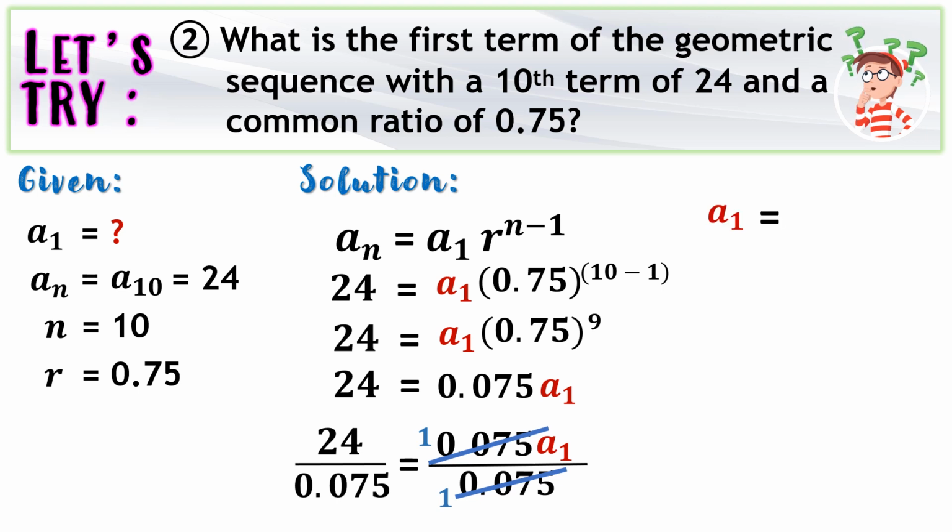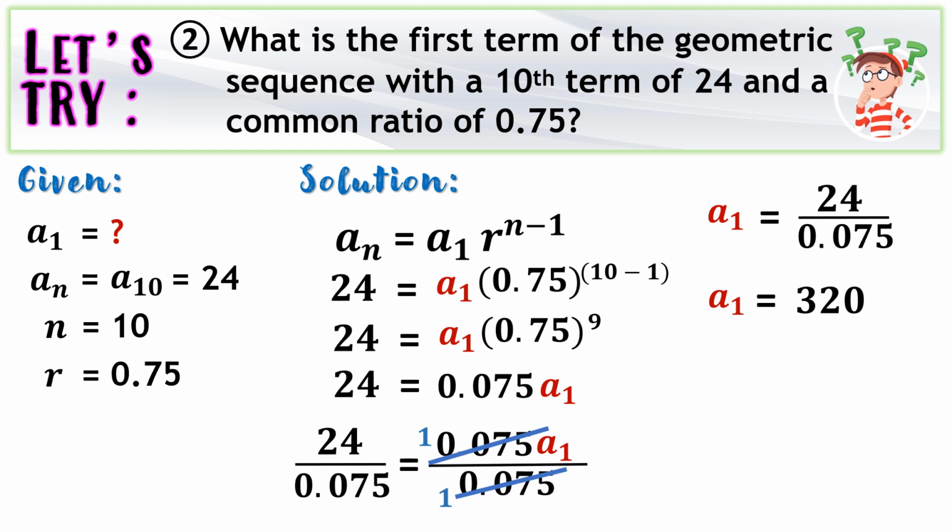And then, we will have a sub 1 is equal to 24 divided by 0.075. So, again, you may use your calculator with you para hindi malito o para mas mapabilis ang pag-solve. So, a sub 1 natin ay equal to 320.